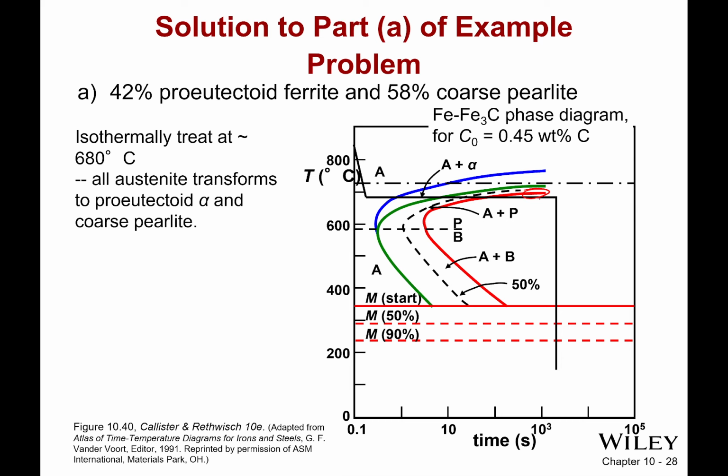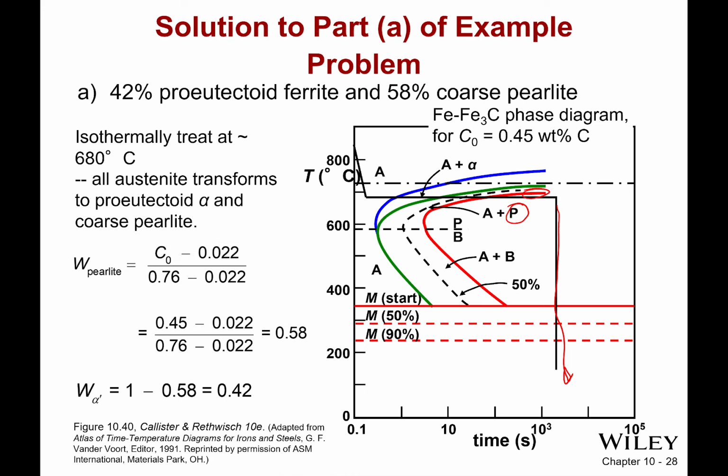And I'm going to go all the way across. So when I get here, everything that can turn into pearlite has. So 100% of the stuff that can turn into pearlite, and I have a lot of austenite left over. When I cool it down all the way finally to room temperature, all that austenite will transform into pro-eutectoid ferrite.